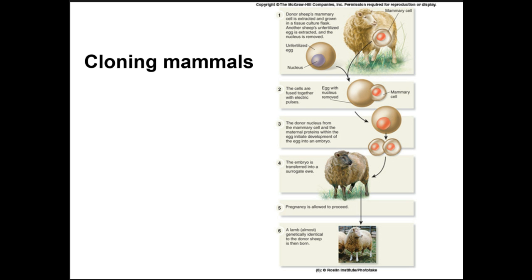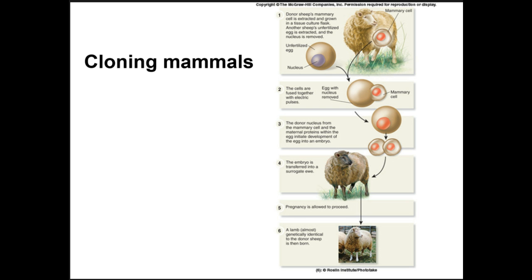Now, once this unfertilized egg with this diploid nucleus has been constructed, they use certain chemicals and materials in order to cause this unfertilized egg with this diploid nucleus to start developing by mitosis into an embryo.